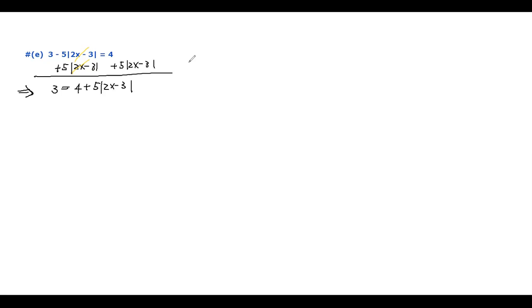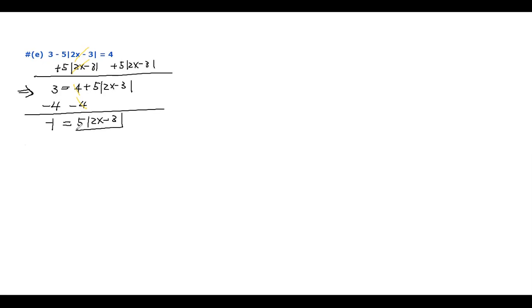Now I need to move the 4, so I need to subtract 4. 3 add negative 4 is negative 1. On the right, the 4 and the negative 4 cancel, leaving 5 times the absolute value of 2x minus 3.